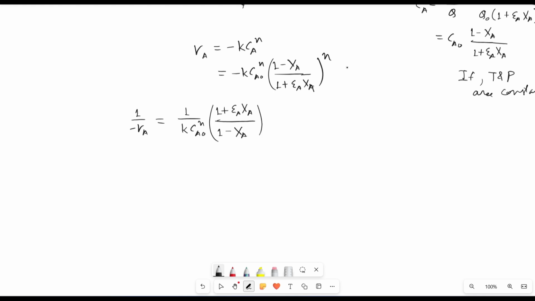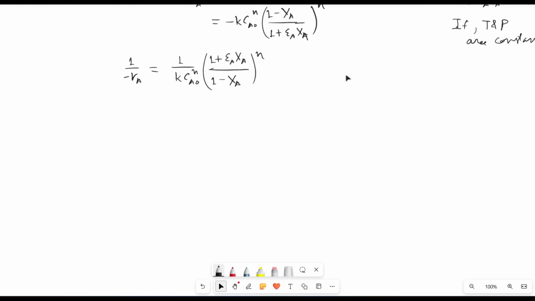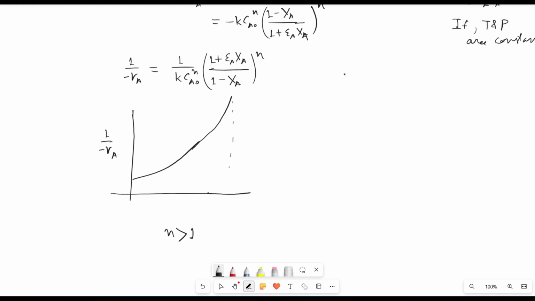If we plot this on the y-axis, suppose n greater than 1, minus 1 by Ra, then for a constant epsilon value we will get something like this, a sharp increase at this point, which is 1.